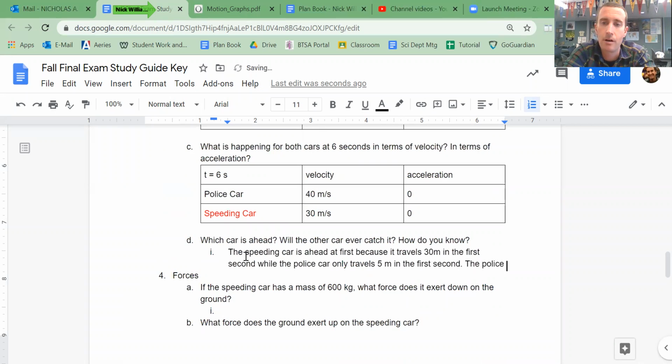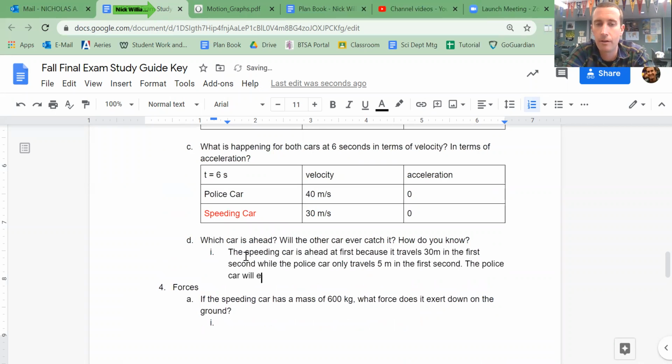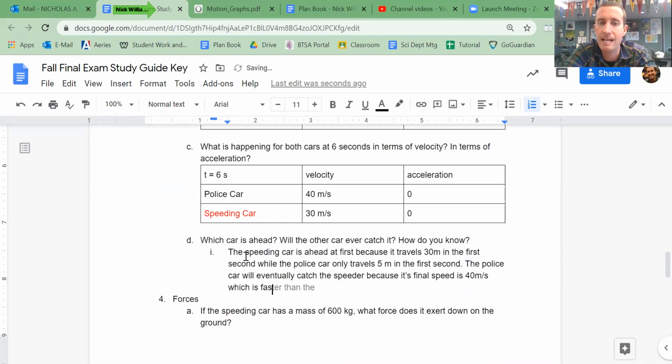The police car will eventually catch the speeder because its final speed is 40 meters per second, which is faster than the speeder at 30 meters per second.